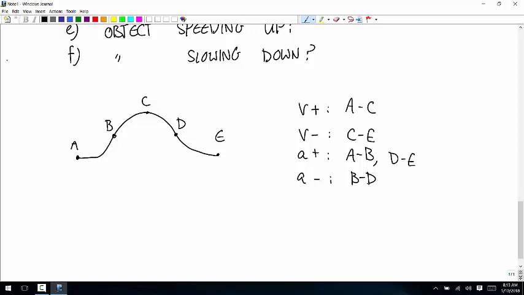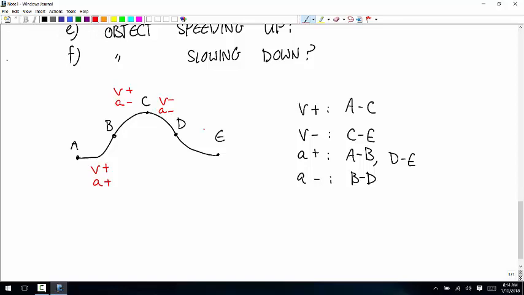And for speeding up and slowing down, I think the easiest way to think about that is on each one of these intervals, just think about what's the sign of the velocity. Here it's positive. And what's the sign of the acceleration? Here it's positive. And since those have the same sign, that region has to be speeding up. Here the velocity is positive, the acceleration is negative, so that has to be slowing down. Here the velocity is negative and acceleration is negative.